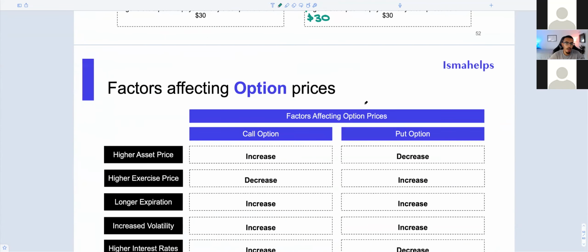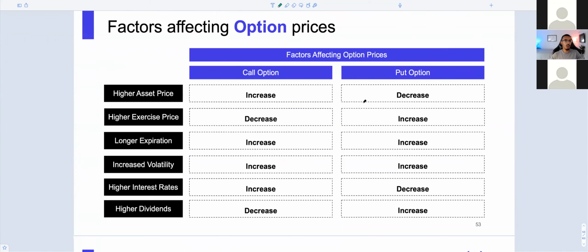Okay. This is something that I'm not going to spend a lot of time on: the factors affecting option prices. What I would recommend you do is just add this little table onto your formula sheet, in the event that you get that one individual multiple choice question that will be on your exam, because this would guarantee you some points. You don't even have to figure anything out.